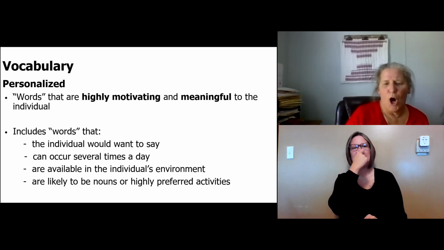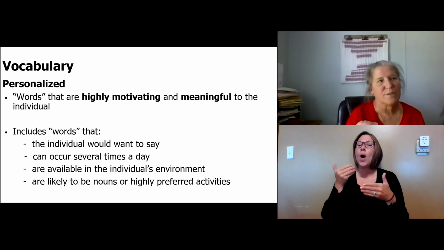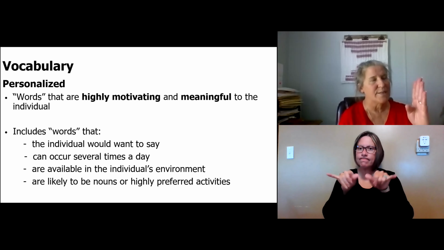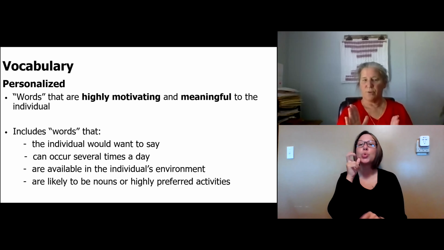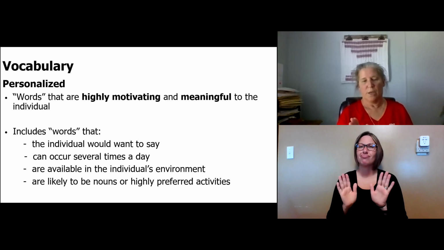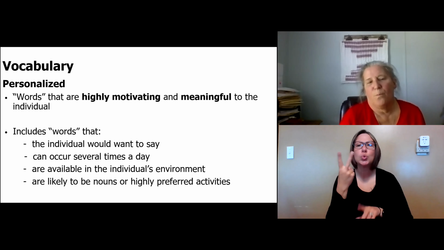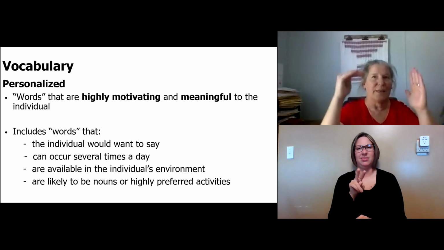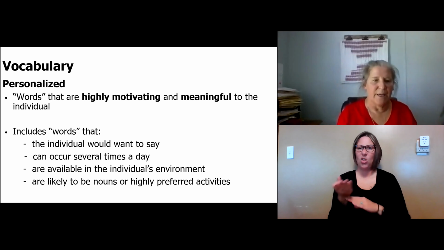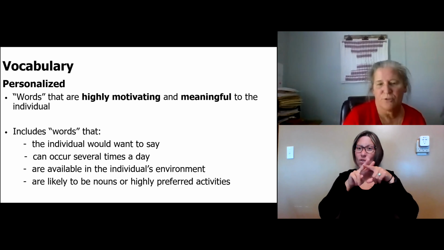Then it can occur several times during the day. We don't want to just pick words that they're only going to use at one time. I hear a lot of times it's like, oh, we're only going to introduce 2 vocabulary words because we don't want to overwhelm. What I think about that is that all throughout the day, things are happening and there's vocabulary associated with those activities that you're doing.